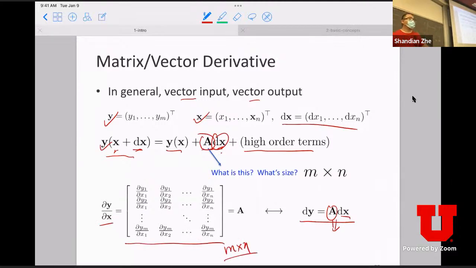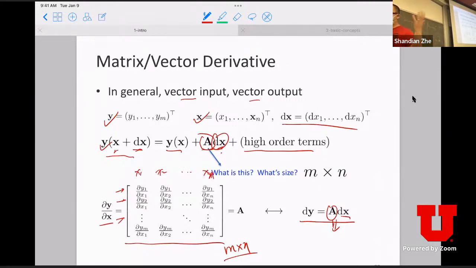Each row corresponds to the partial derivatives of one particular y element over each x element, and each column corresponds to a different x element. That's the definition of the Jacobian and also the definition of the derivative.